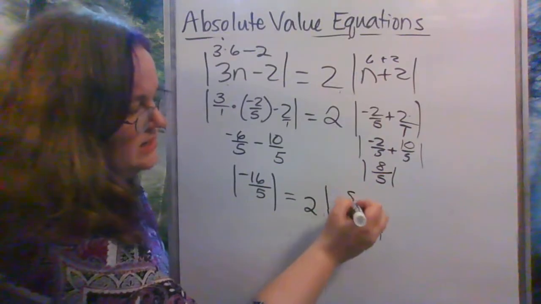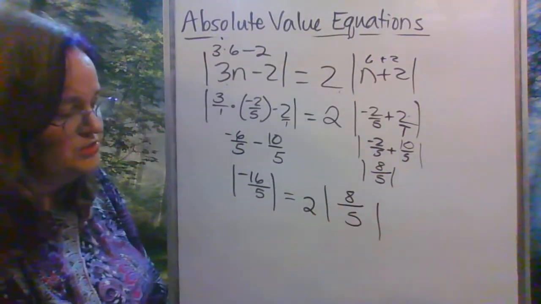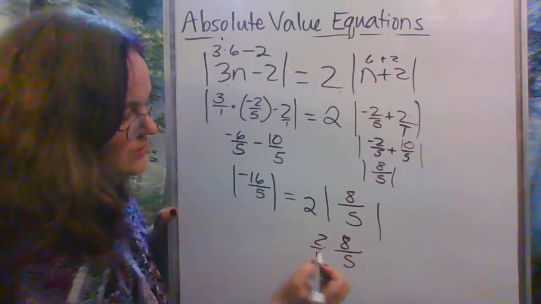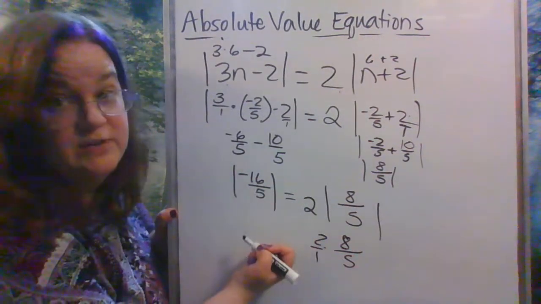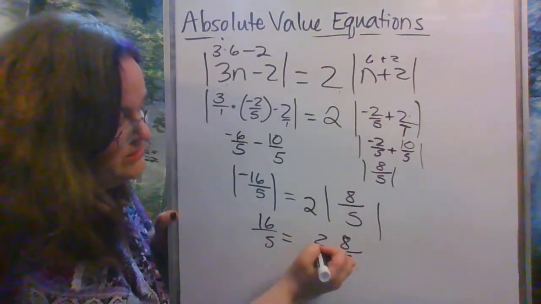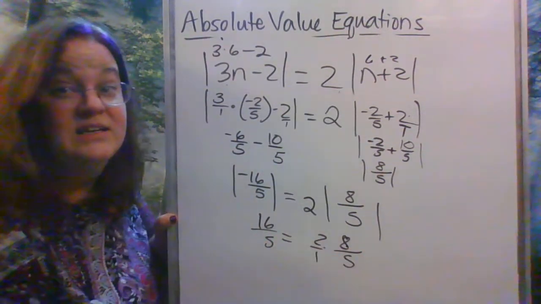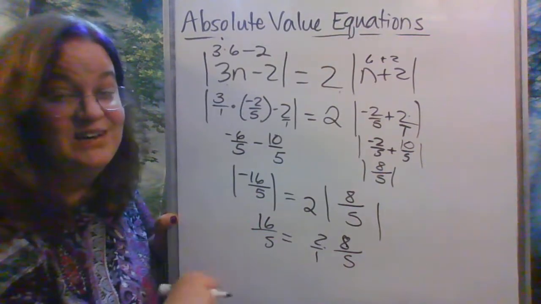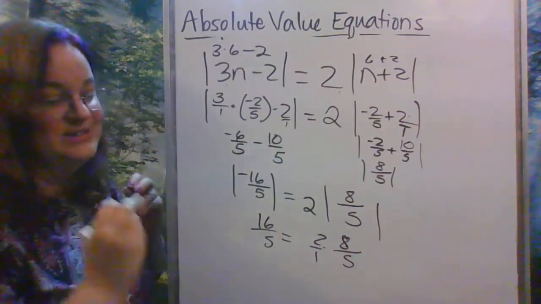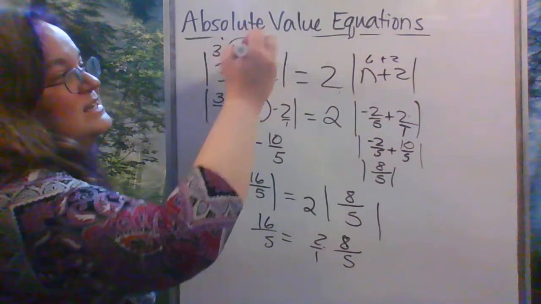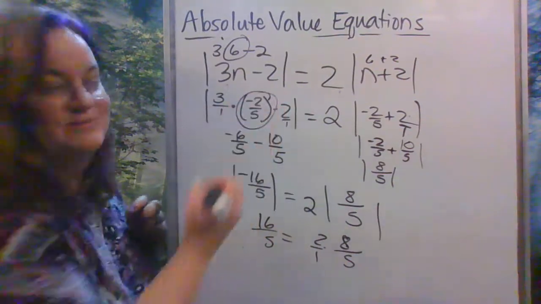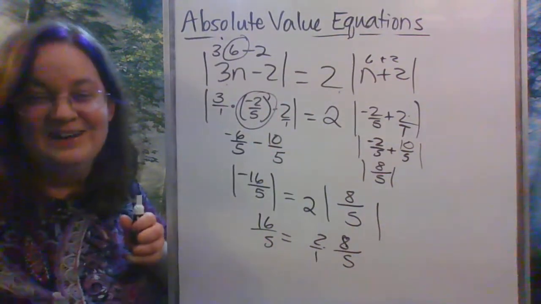Okay, so I'm going to take the absolute value of 8/5, which is 8/5, and times it by 2 over 1. The absolute value of negative 16/5 is 16/5. And so when I do 2 times 8, I get 16. It works. I don't have any extraneous solutions, and so I am all done. There's 2 answers, 6 and negative 2/5. Okay, I hope this helps, and have a great day.